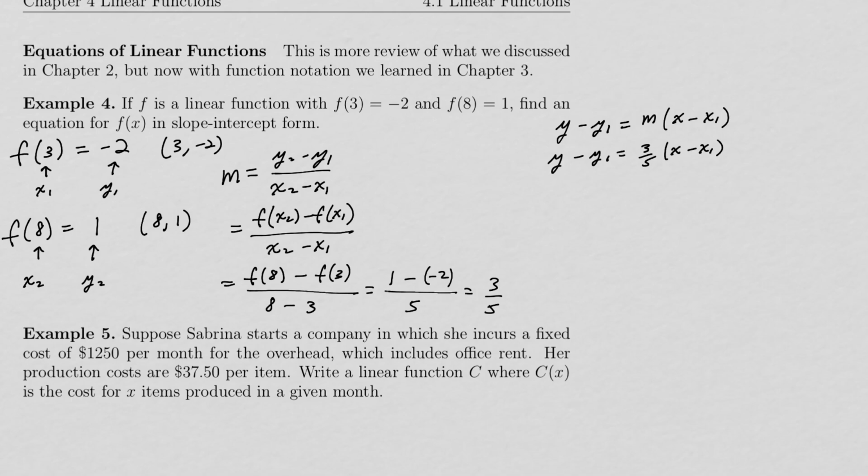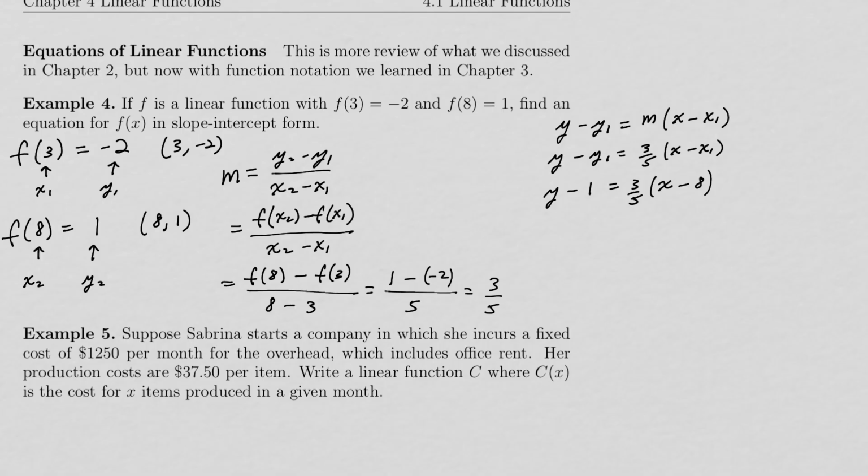So I need to use a point. I could use this point, 3, negative 2, or I could use this point, 8, 1. It doesn't matter. Let me just use the 8, 1. So I have y minus y1, which is 1, equals 3/5 times x minus x1, which is 8.